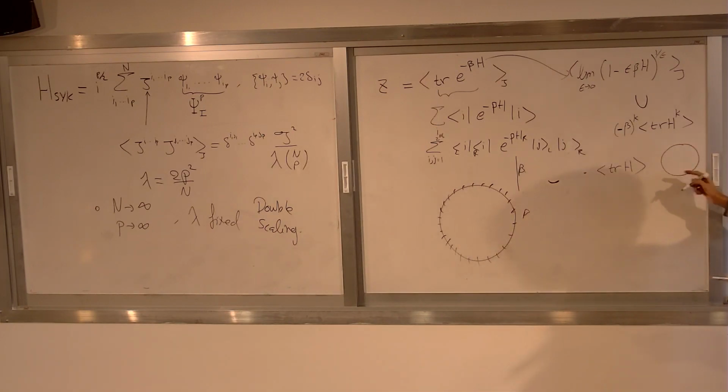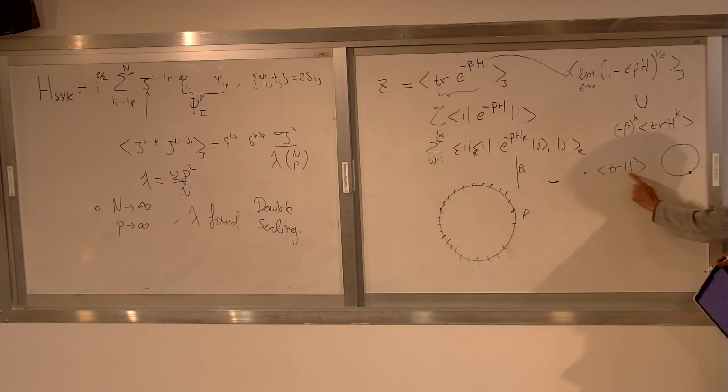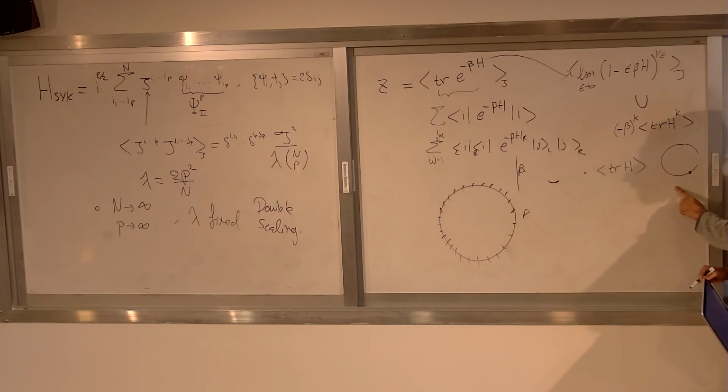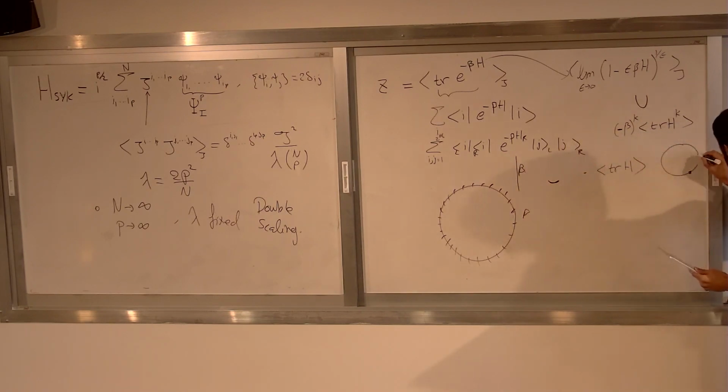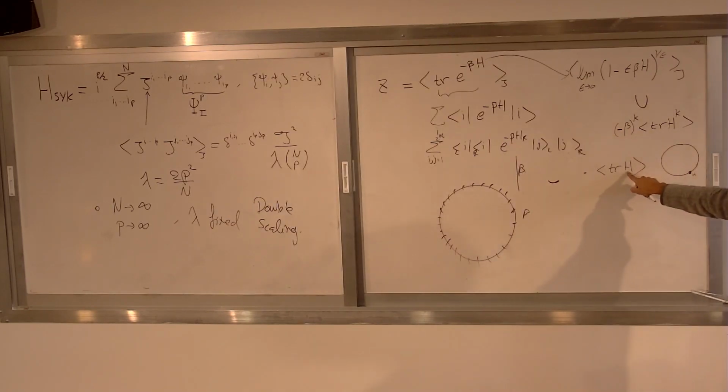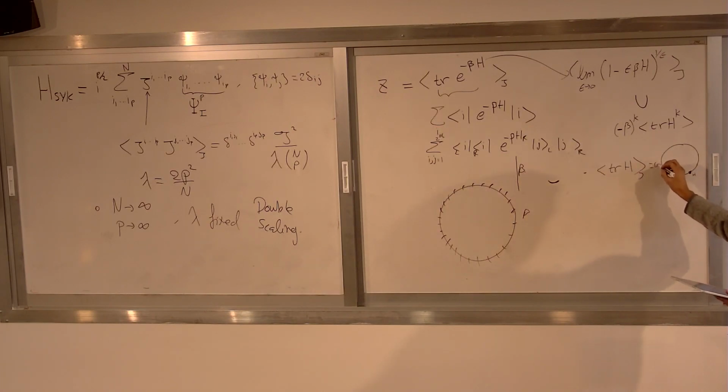While the length of the circle is beta, you should think of this as inserting the operator h, and then evolving for a time beta using a Hamiltonian which is equal to 0. Notice that it's trace h, not trace h times e to the minus beta h. So I just have a circle here. The length around the circle doesn't mean anything, but right now just think of it as a circle with 1 insertion of h. Well, this h has only a single factor of J, so when I average over J, I'll get 0. So that was easy.